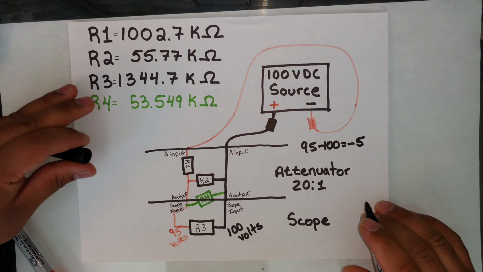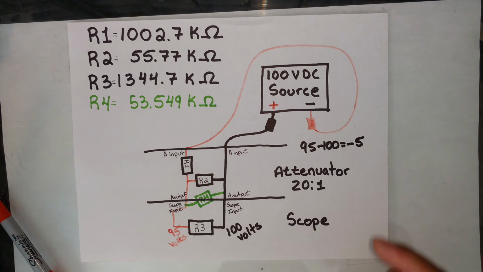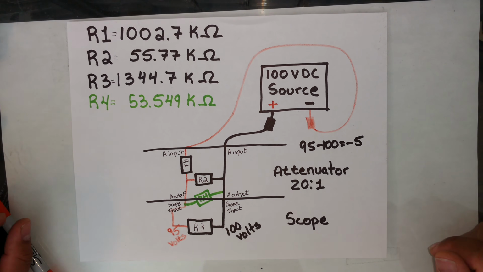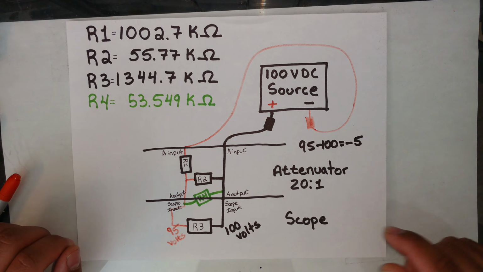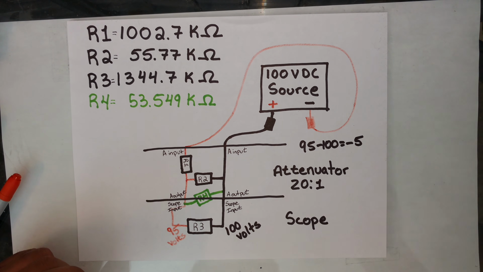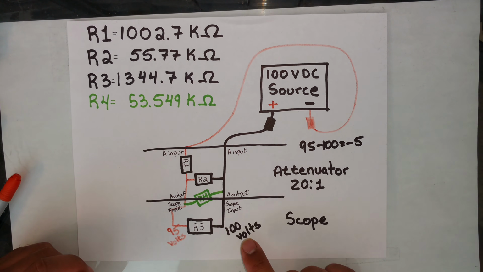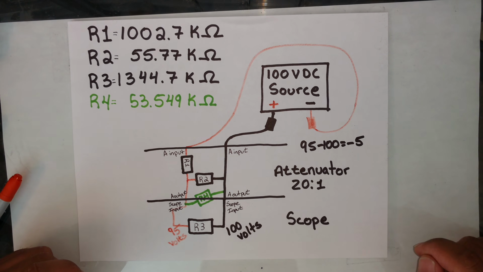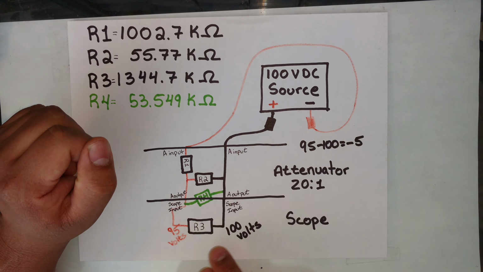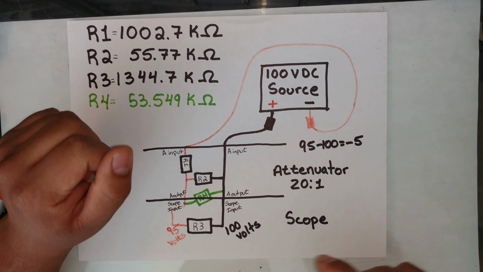And in fact, if you were to connect your Hantek with the attenuator, and you tell the scope that you're using the 20:1 attenuator, and you were to connect to a 100 volt DC source in this manner, you would have 95 volts on this side, 100 volts on this side, and the scope will interpret it as 95 minus 100, which equals -5.